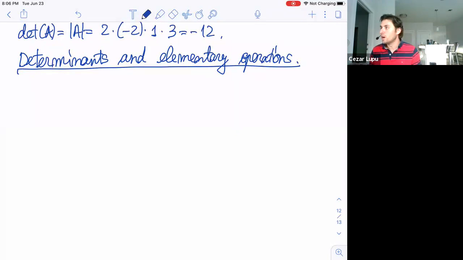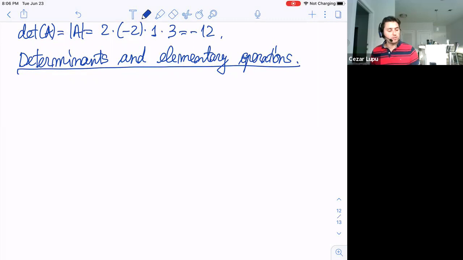We can also use column operations to determine the value of a determinant, or maybe even more, maybe we can recognize some conditions which will yield that the determinant of the matrix is 0. So we'll deal with that.